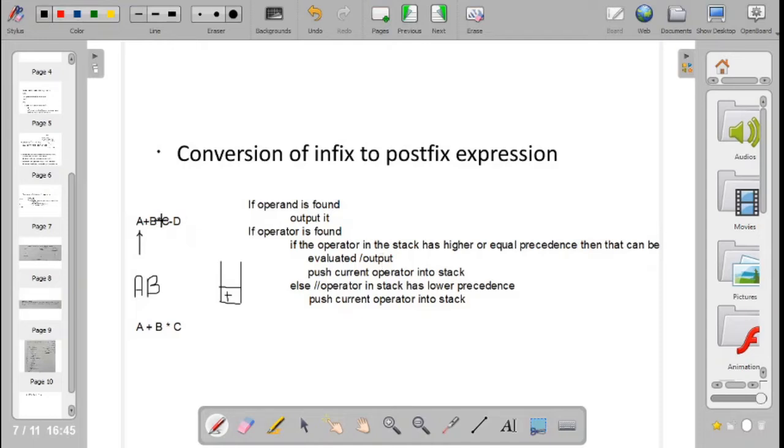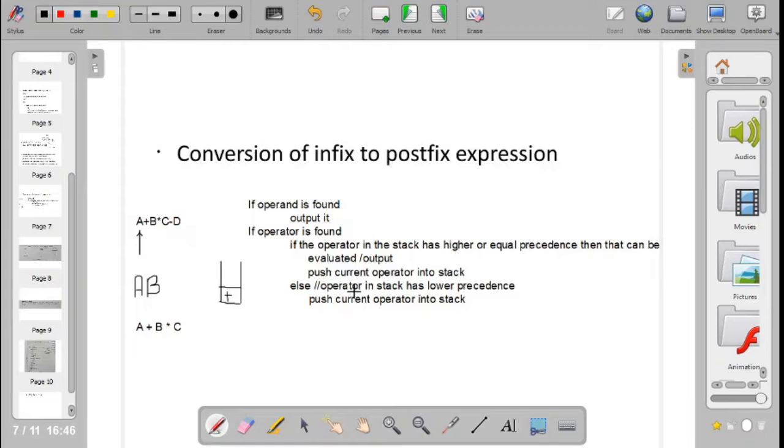So when we compare, we are comparing the current operator star and the operators in the stack, and if the operator in the stack has higher precedence, then it can be output. In this case that is not so, because plus has lower precedence.